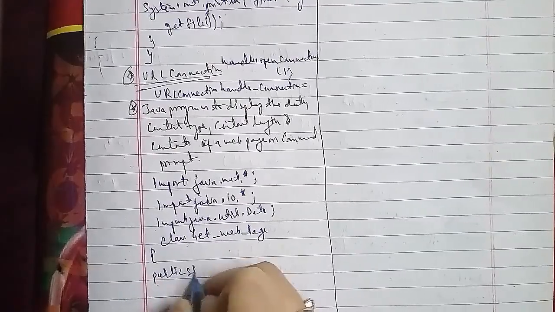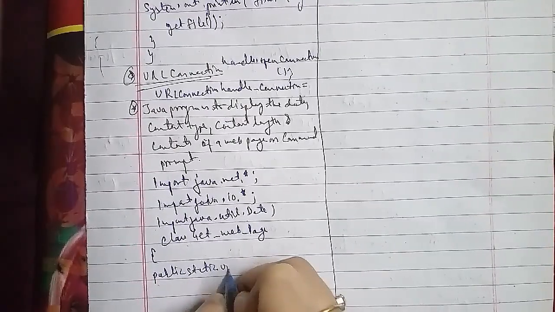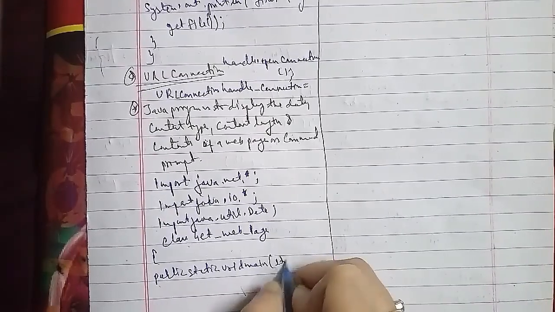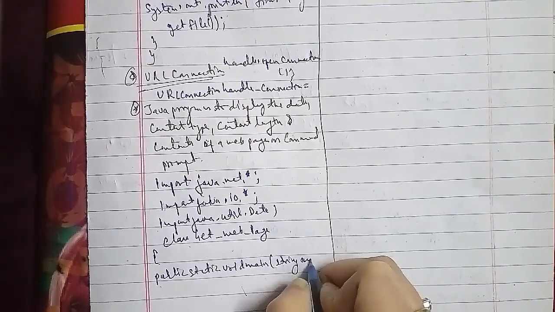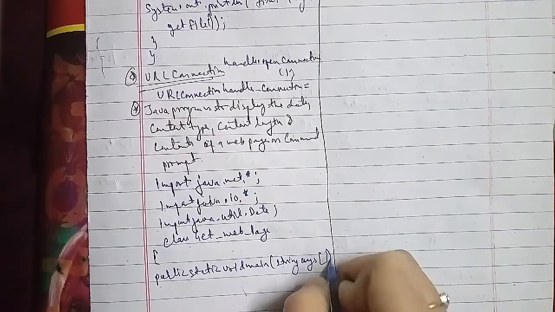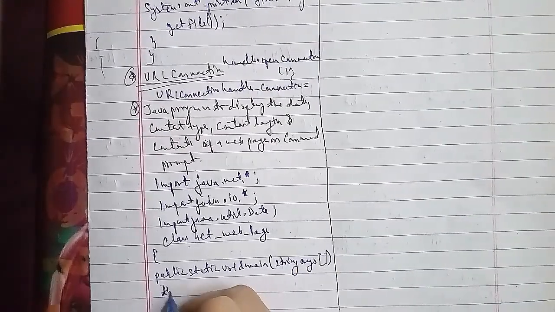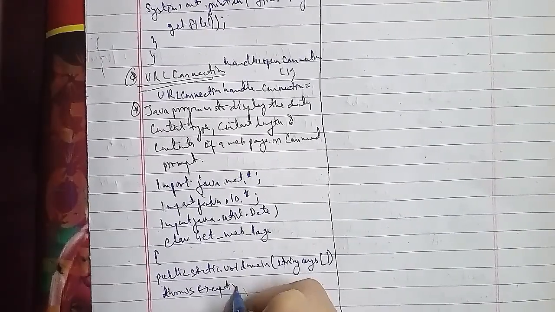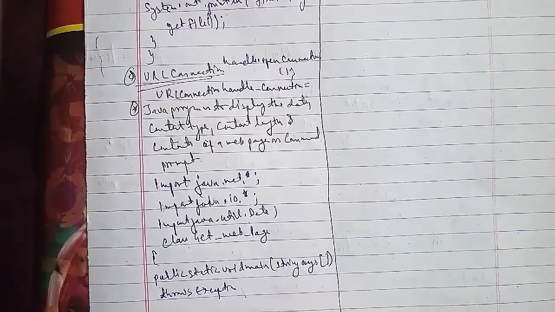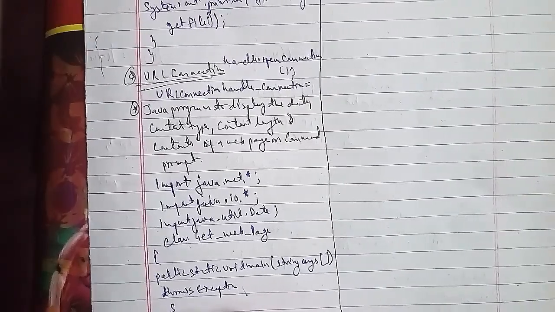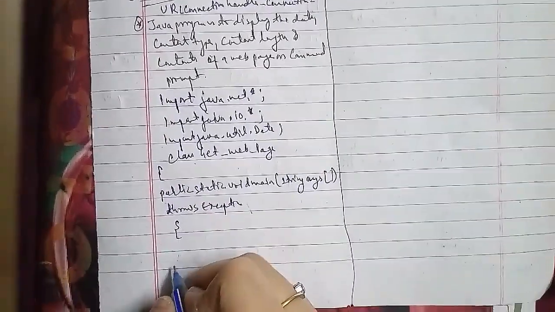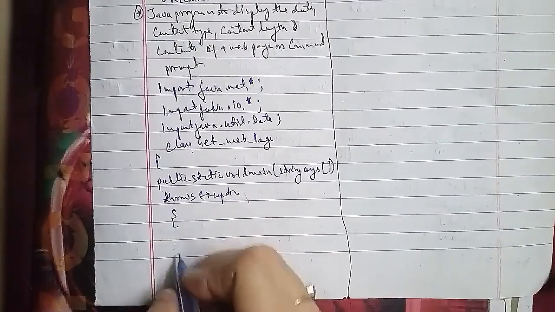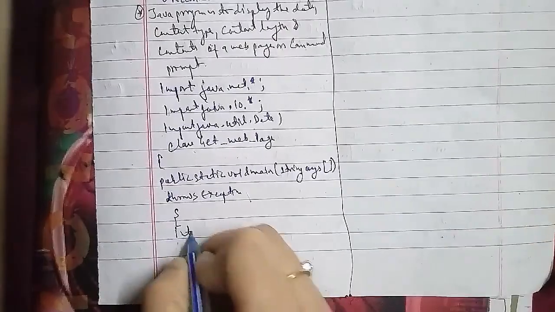Okay, now we'll go ahead with the other one, that is System.out.println("Content type" + handleConnection.getContentType()).